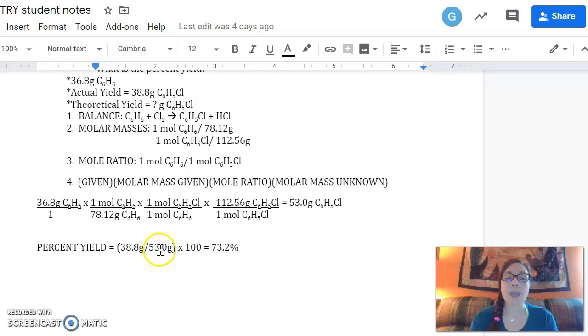If we actually produce that amount, but theoretically we could have produced 53 grams, then our percent yield is 73.2%. That means that we produced about 73% of what we could have potentially produced in this problem. So that is percent yield.